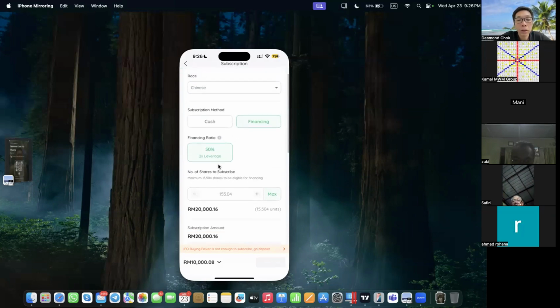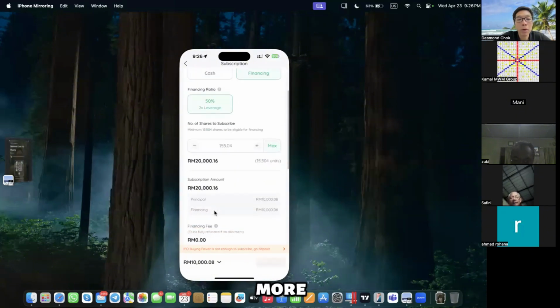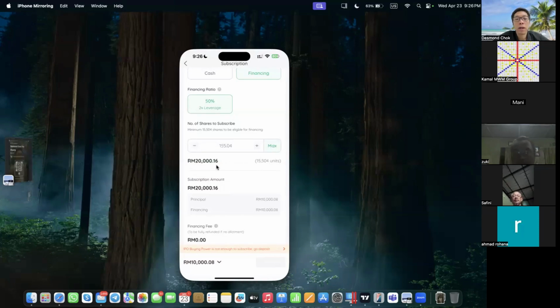So you can buy more. Of course, there's a minimum number of lots that needs to be fulfilled in order to use the IPO financing.